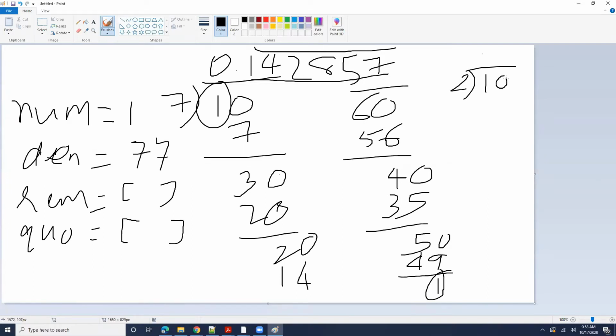One decimal digit, 5, 10. So until a digit in the quotient repeats, that's the right answer for when a digit repeats. What if it doesn't repeat? Until 0 is the remainder. So you have two termination conditions, right? Your loop has to keep on going till one of these two conditions is met.